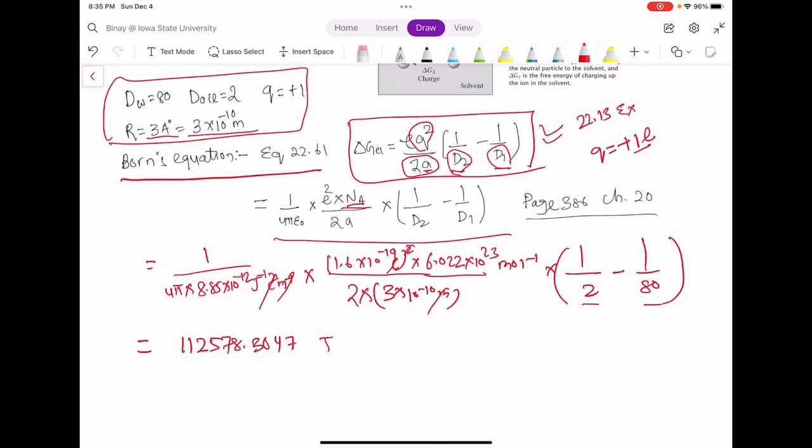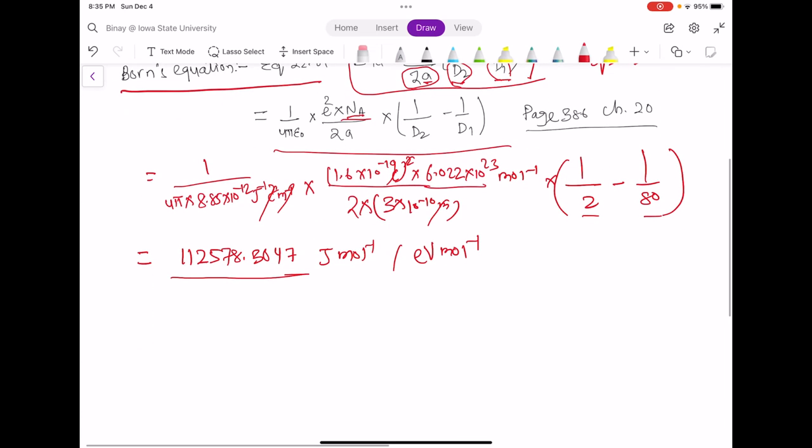112,578.3047 joule per mole. This can also be written as electron volt per mole, but this is a very big number, and we don't need this big a number. We can convert this to kilocalorie. We know that 1 kilocalorie is equal to 4184 joule.